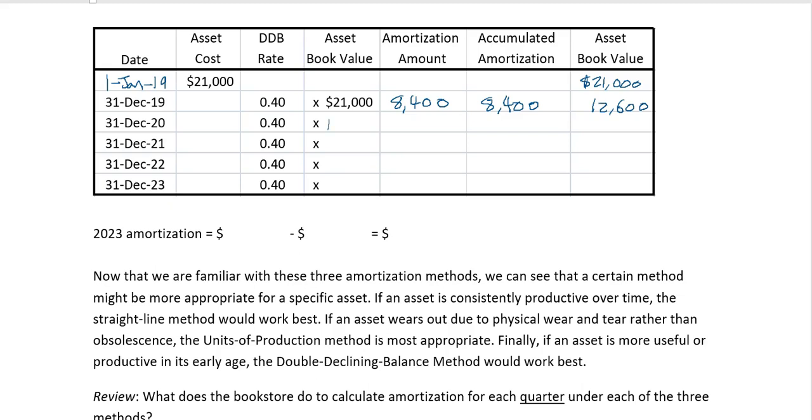So again, copy it over. Quick calculation. Add to the last number in this column and subtract from 21,000.